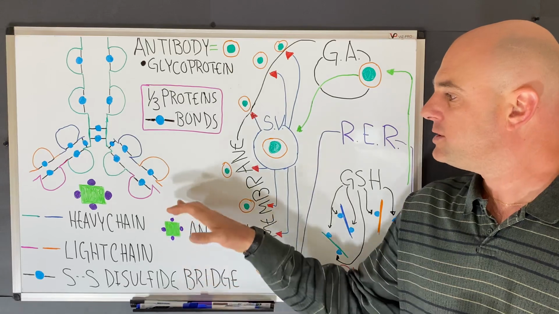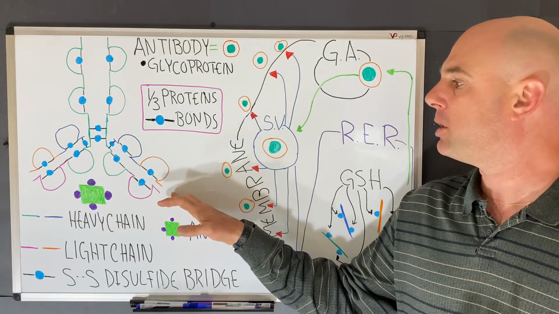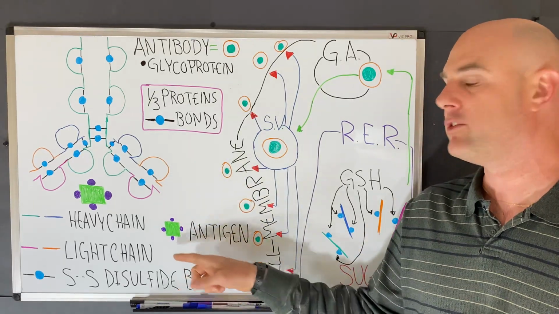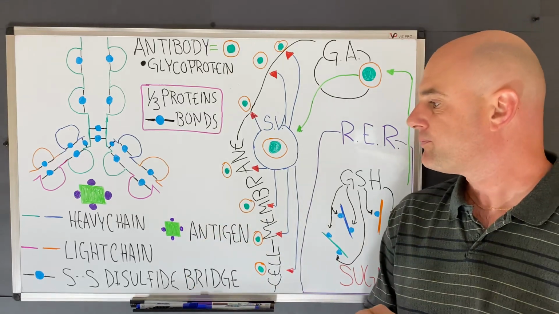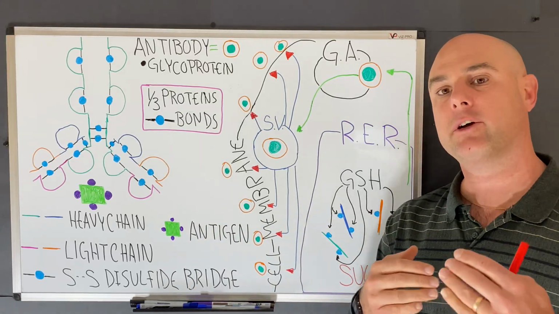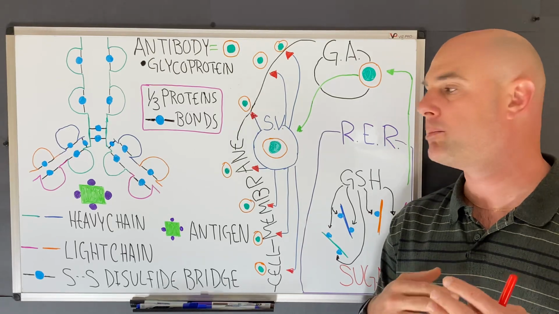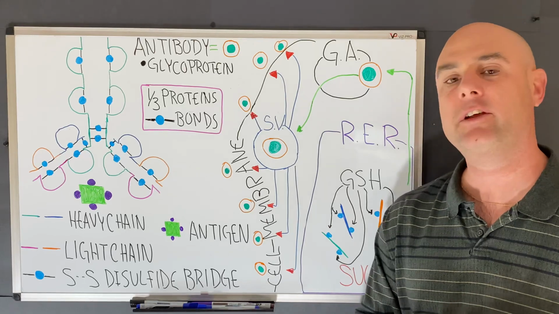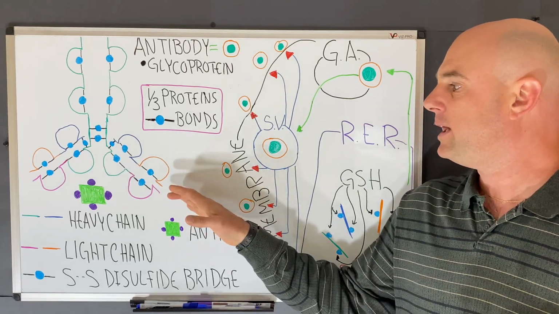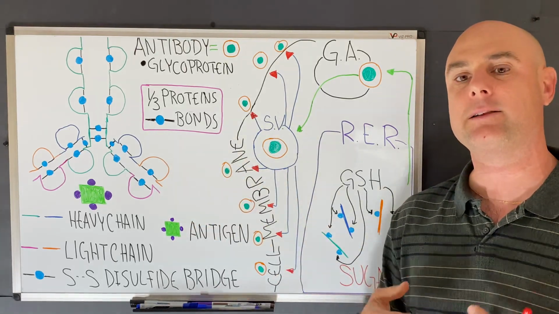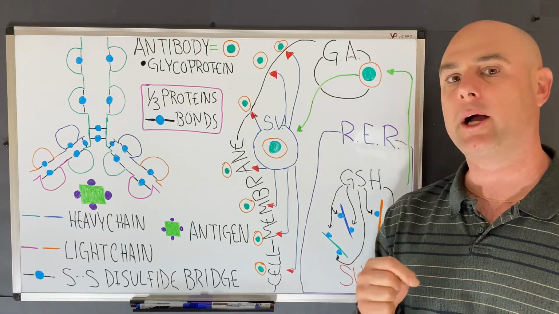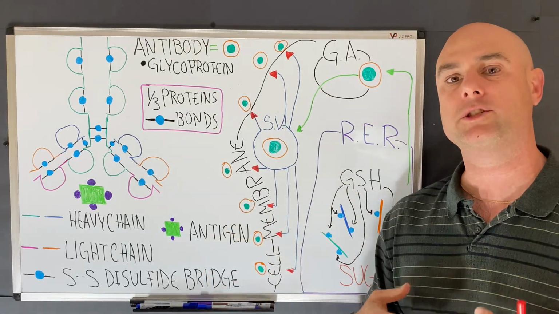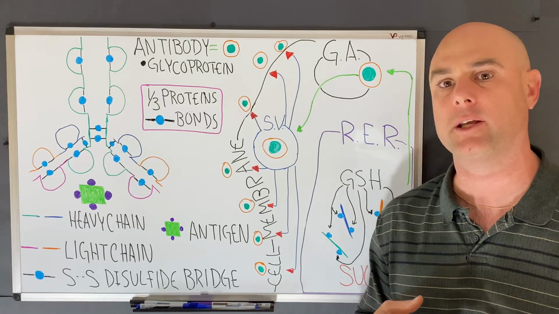When we get down to the farther parts of this arm here, we have what's called a light chain. Again, the light chain is a protein segment. These are all parts of the protein, and these are incredibly variable. And it's this variability, these changing protein sequences, that allows our body to bind to antigens with such specificity.